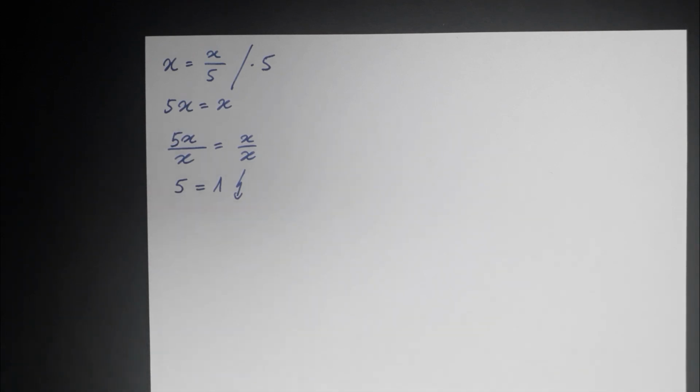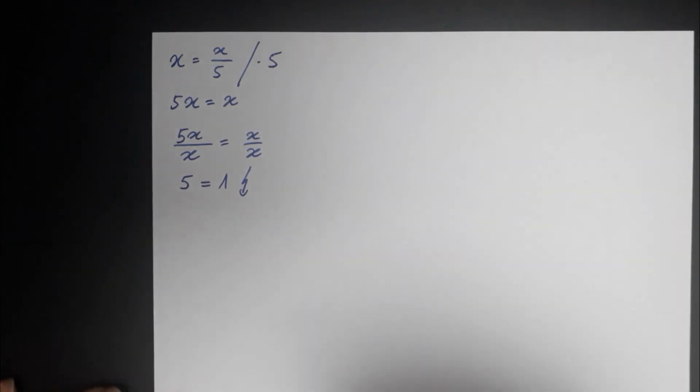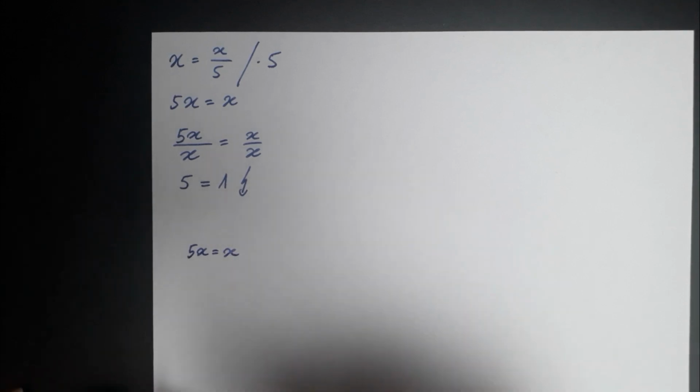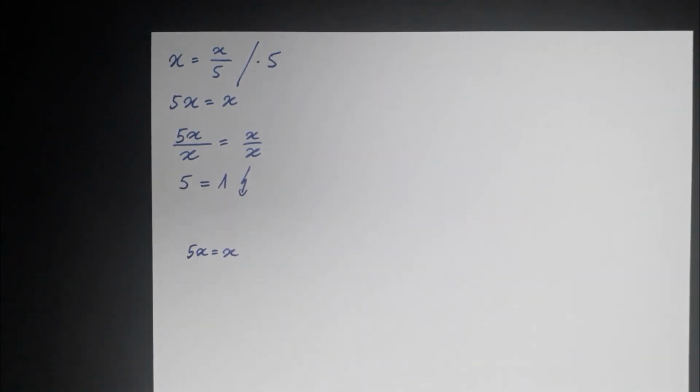Let's take a step back and look at this equation. 5x is equal to x. How to solve this equation properly? This is a linear equation. We have x on both sides, and a linear equation is usually solved by putting all the unknowns on one side.